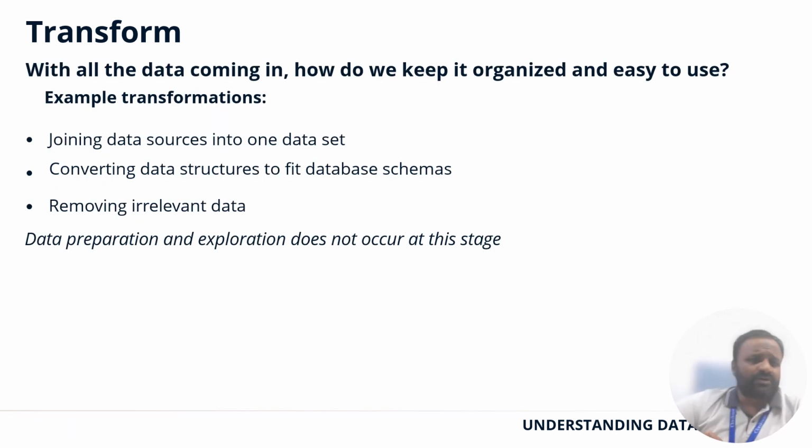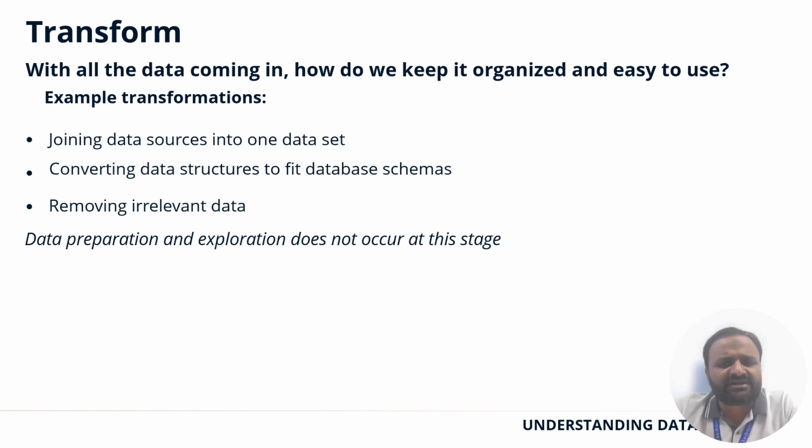In the transform stage, we transform data to make sure it stays organized so that others can easily find relevant data and use it. A common transformation is joining data from different sources into one data set.